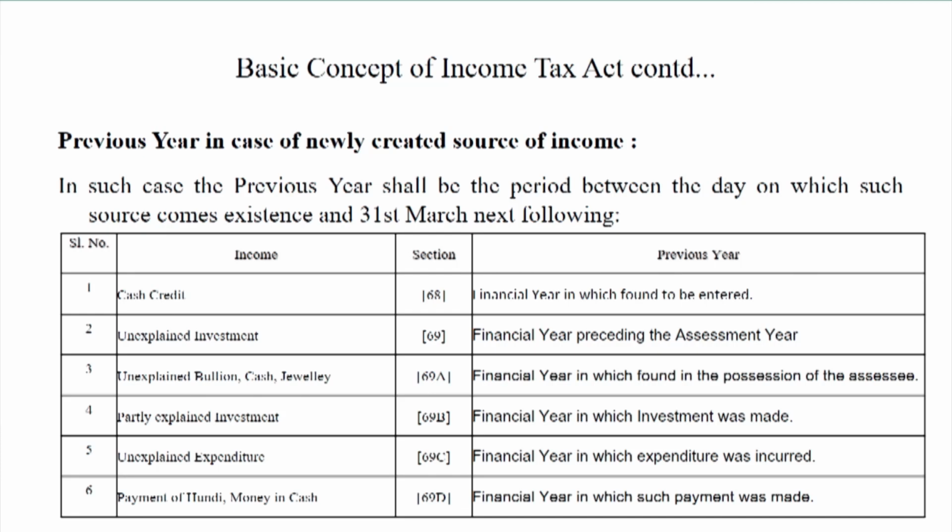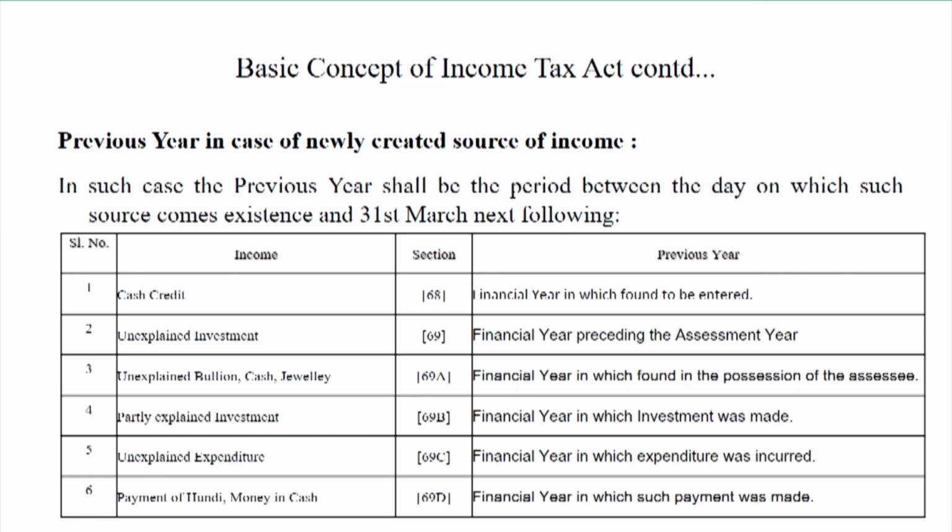Partially explained investment, Section 69B, it is also the same. When the partially explained investment is explained, from the date of explanation to 31st March, it will be treated as a previous year of the partially explained investment.